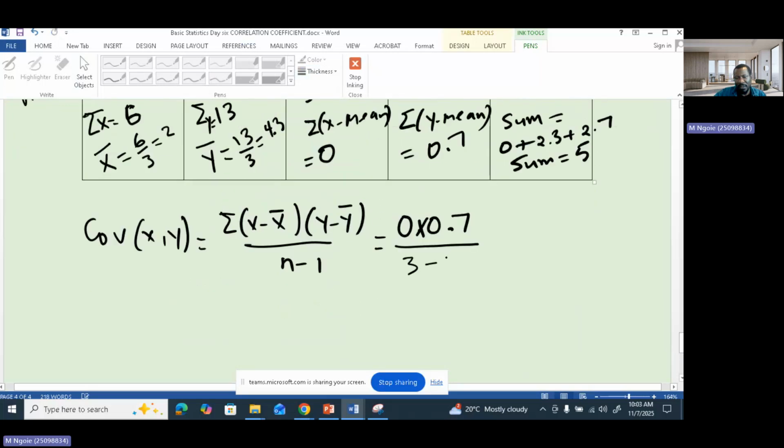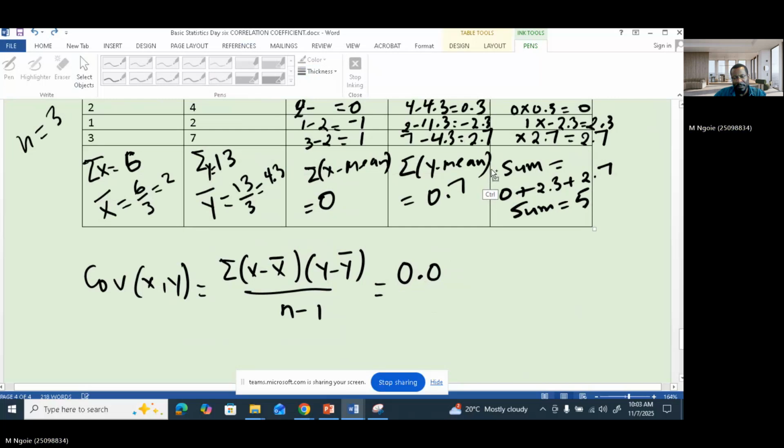I made a mistake here: your n is 3. We already found this particular sum, it's 5. So 5 divided by n minus 1, which is 3 minus 1, is 5 divided by 2.